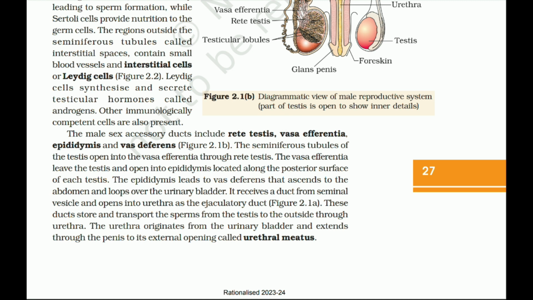The epididymis leads to vas deferens that ascends to the abdomen and loops over the urinary bladder. It receives a duct from seminal vesicle and opens into urethra as the ejaculatory duct, figure 2.1a. These ducts store and transport the sperms from the testes to the outside through urethra. The urethra originates from the urinary bladder and extends through the penis to its external opening called urethral meatus.